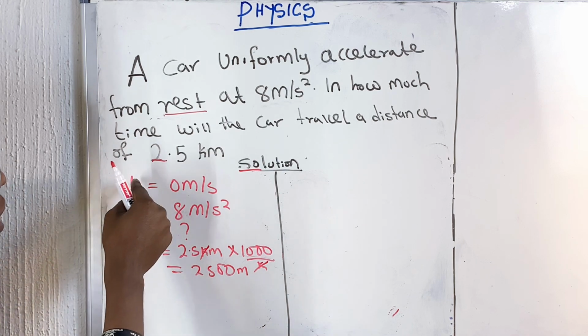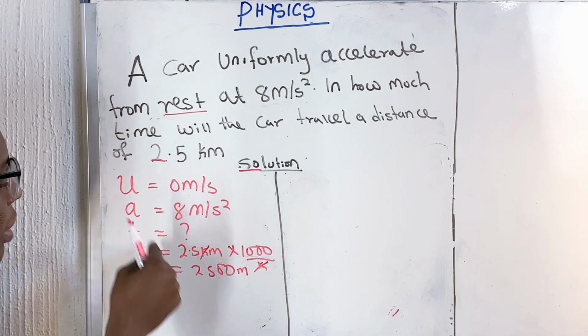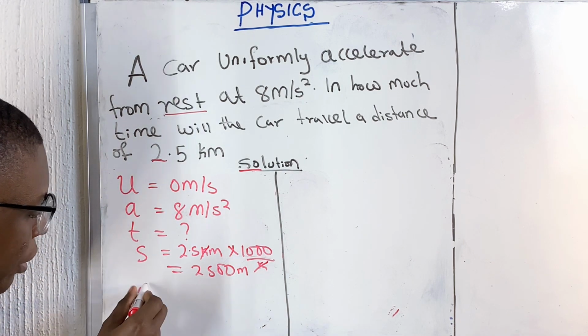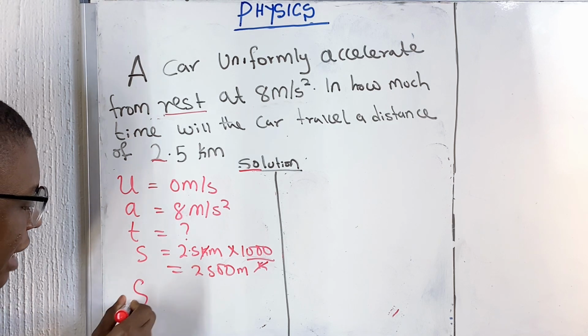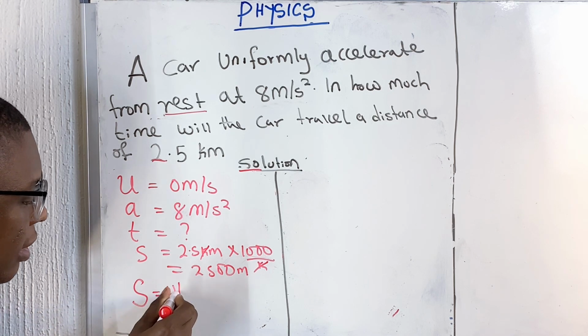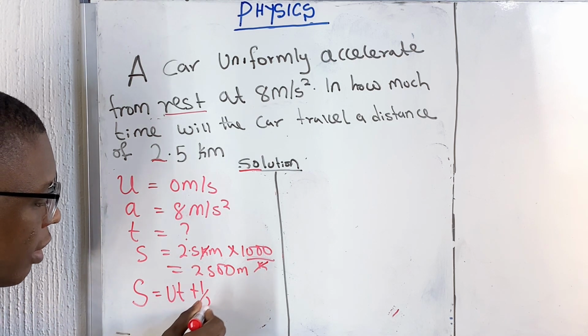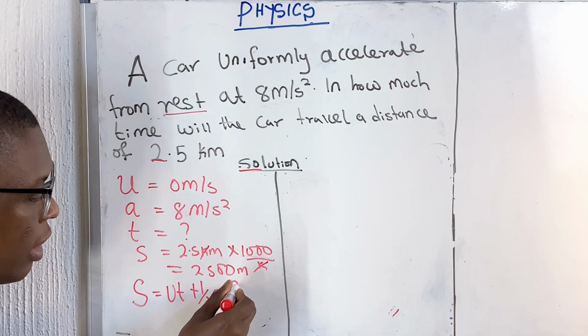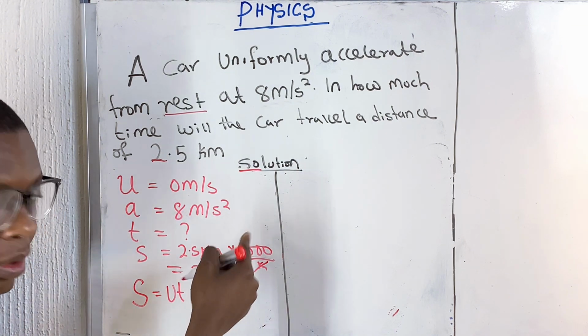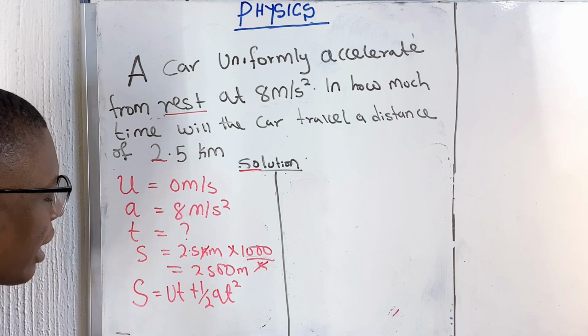Okay, so having done this, the next thing now is to look at which equation of motion matches these parameters: initial velocity, acceleration, time, and distance. And we know that the equation that says s is equal to ut plus half at squared will do justice to this question. So let's go ahead and substitute.